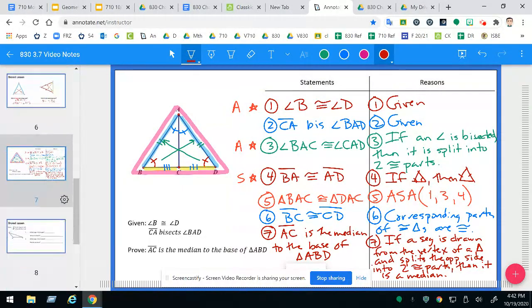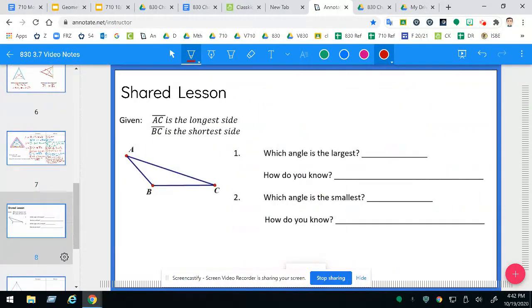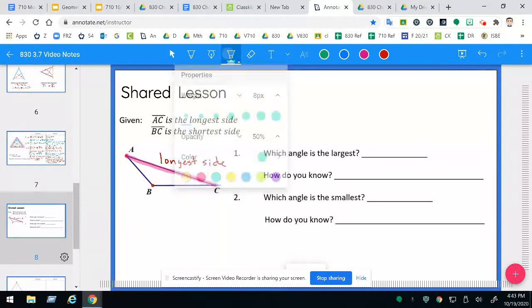All right, let's move on. Now we want to look at this diagram of triangle ABC, and we've got 2 givens. And again, we're going to mark up our diagram immediately, right? So we're told that AC is the longest side. So I'm going to go ahead and mark that up. And we're told that BC is the shortest side.